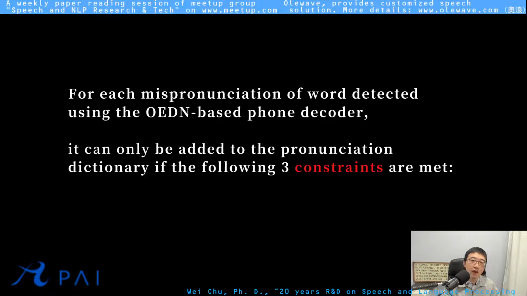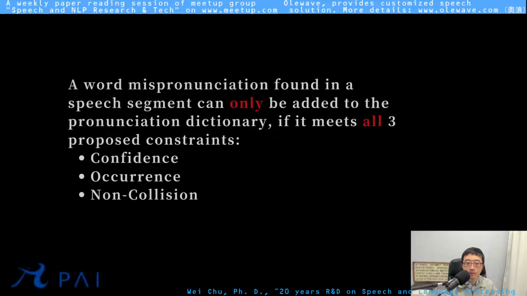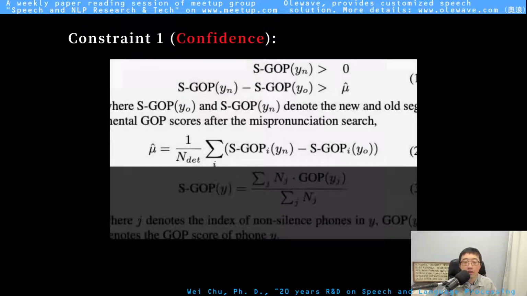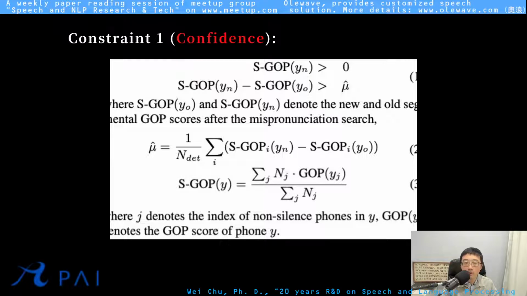And of course, it leveraged the OEDN method I mentioned in part 1 of my talk. Okay. There are 3 constraints: confidence, occurrence, and non-collision. First, confidence. I think you guys are familiar with GOP, the goodness of pronunciation. You can imagine this as a posterior of the phonemes or the word or the pronunciation.